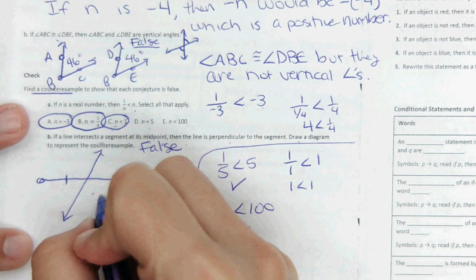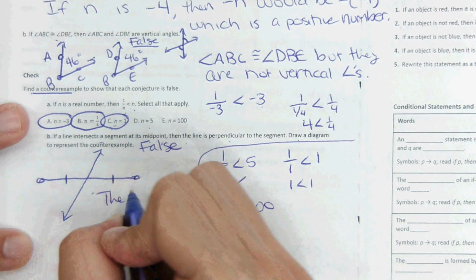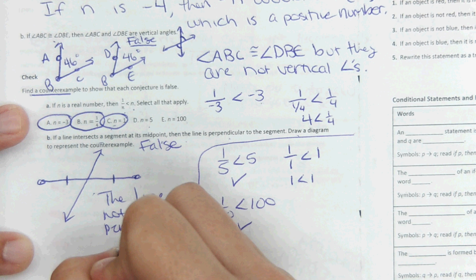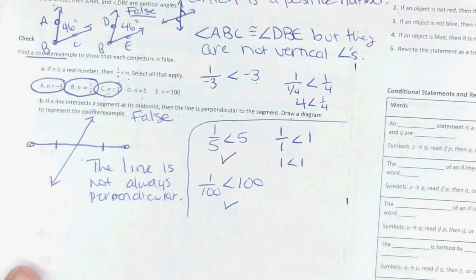It could be, but not always. So, false. And this is an example. The line is not always perpendicular. And we're done.